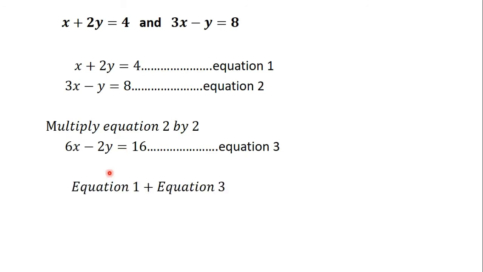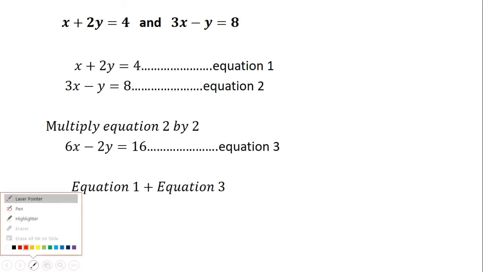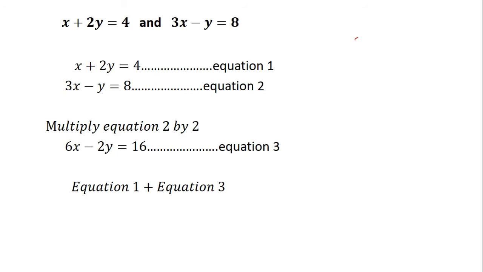So in order to eliminate y, look at something. Coefficient of y here is 2, but the sign is positive. Coefficient of y here is 2, but the sign is negative. If I have positive 2 and negative 2 and I want to eliminate them, what do I have to do? I have to add, because if I subtract, I'm going to have 2 minus this 2, which is already minus, so minus minus 2, and that is going to give me positive 4.